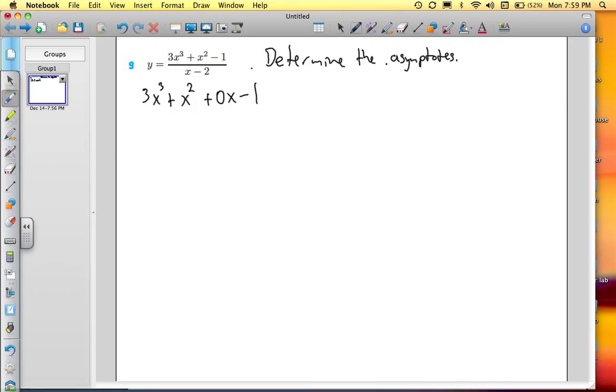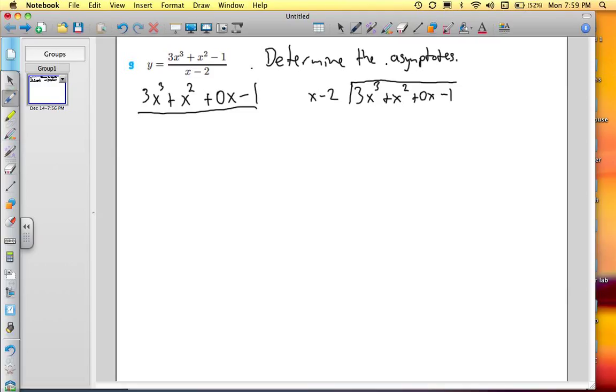And so this is what we're going to be using for our numerator, or what we're going to be dividing into. So 3x to the third plus x squared plus 0x minus 1, and it's going to be divided by x minus 2.